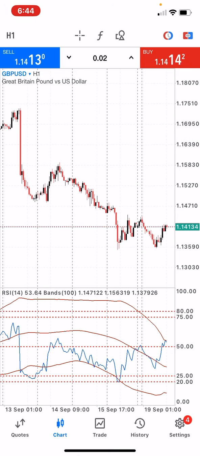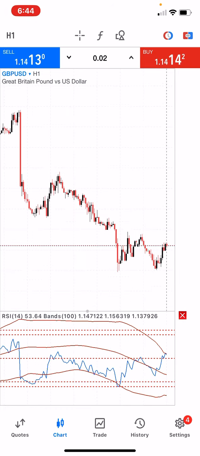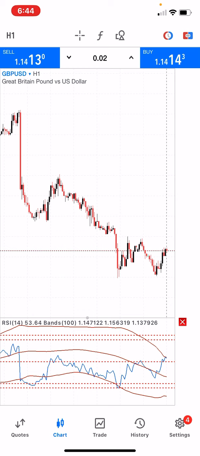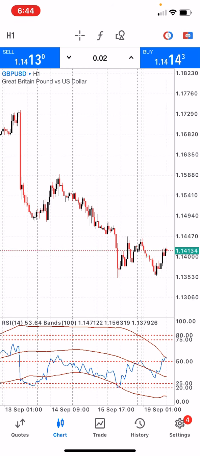Here is the indicator. How you apply this indicator is very simple, very simple and beginner friendly.